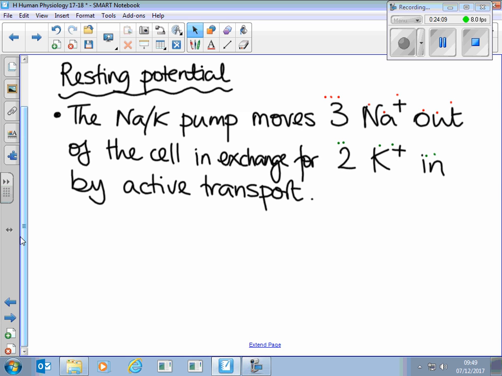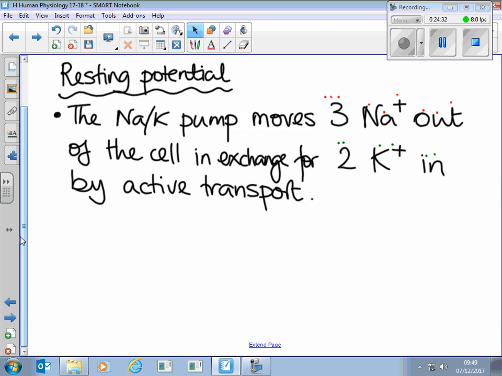And when you were writing about facilitated diffusion, this is the sort of thing that you were looking at, the idea that you can't put sodium ions and potassium ions through the phospholipid bilayer. They are so highly charged, and you've got these non-polar lipid tails that just won't have anything to do with charged particles. They're not going to be able to interact with them, so they can't move through.